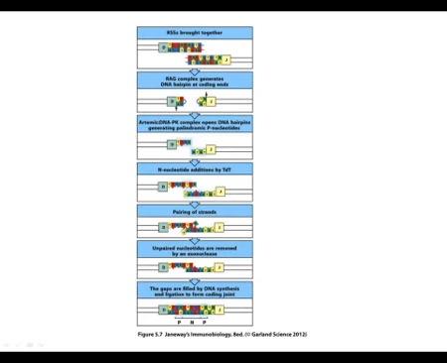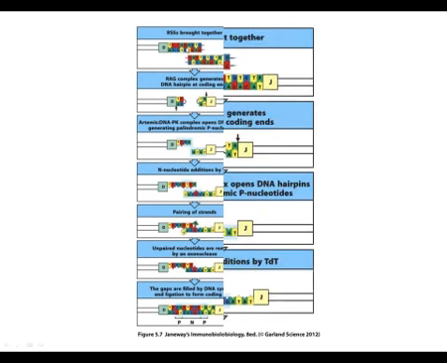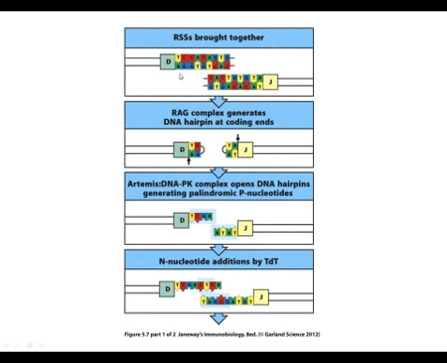So where do these come from? Remember the RSSs are brought together, and here's the RSS. If we take a closer look, remember what I said they were, CACAGTG, CACATGT, right?